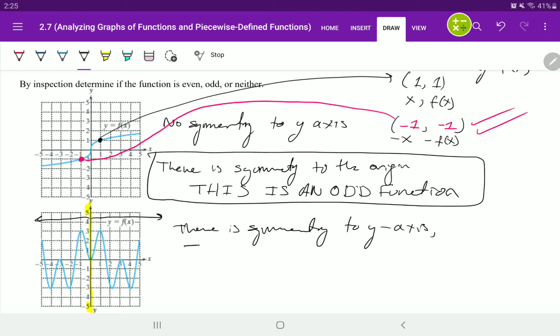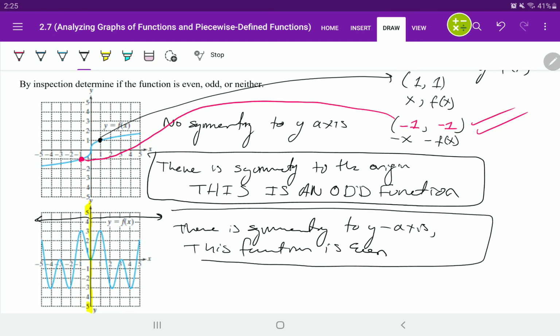Therefore, this function is even. That one's pretty straightforward. This function is even because if I draw a line through the y-axis, or if I fold it about the y-axis, the left side will look like the right side.